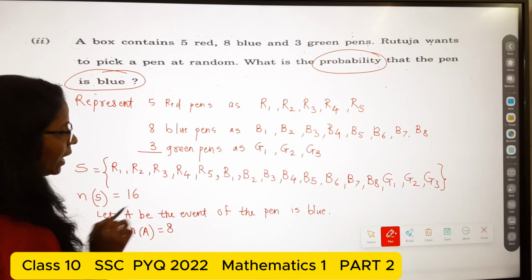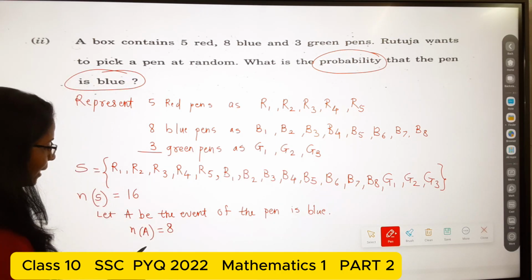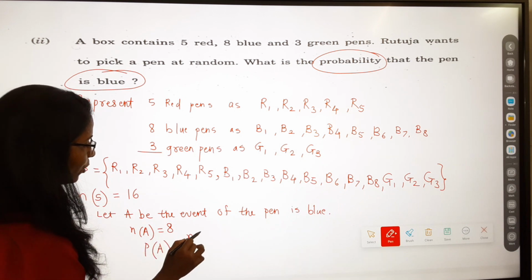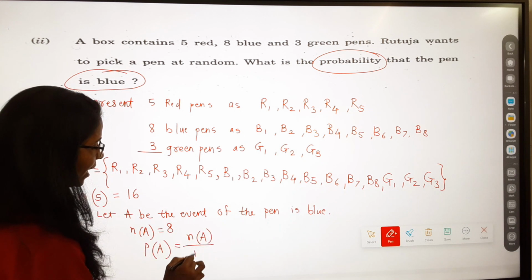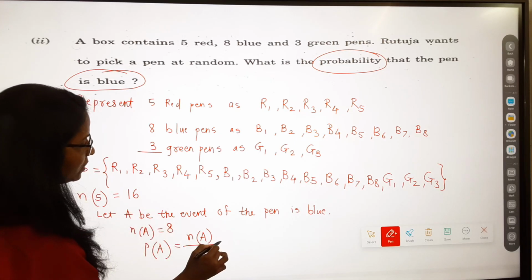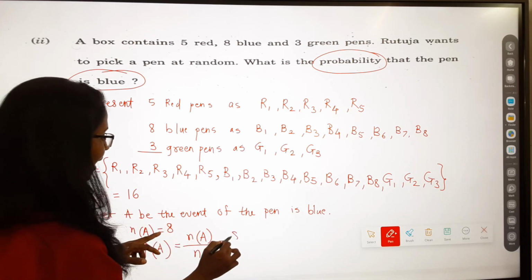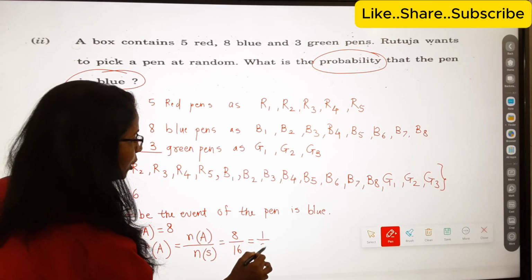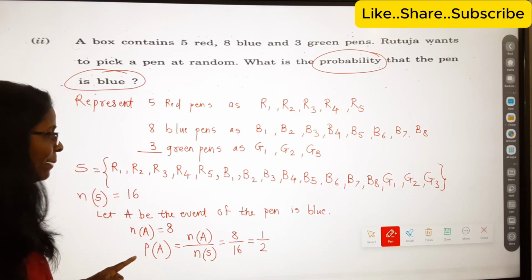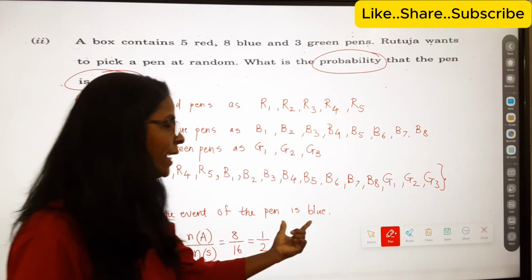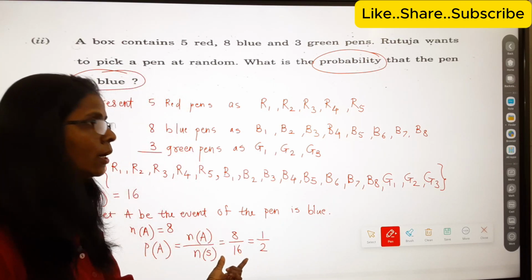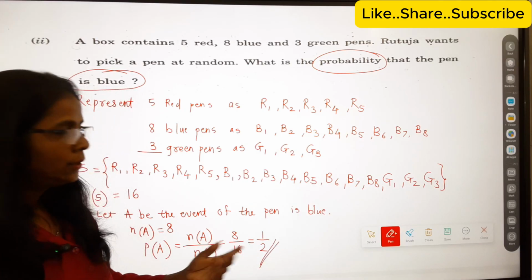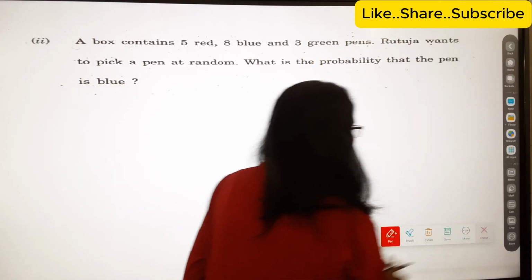Now students, the probability formula: P of A is n of A upon n of S, which is equal to 8 upon 16, which is equal to 1 upon 2. So the probability of the event that the pen is blue is 1 upon 2. Okay, so this is our final answer. Now see the next question, students.